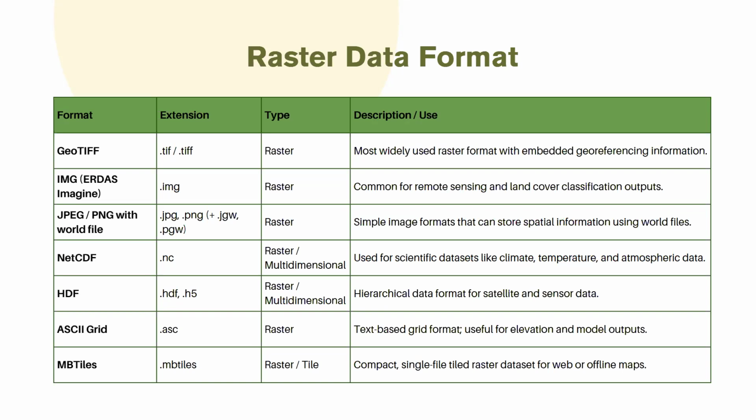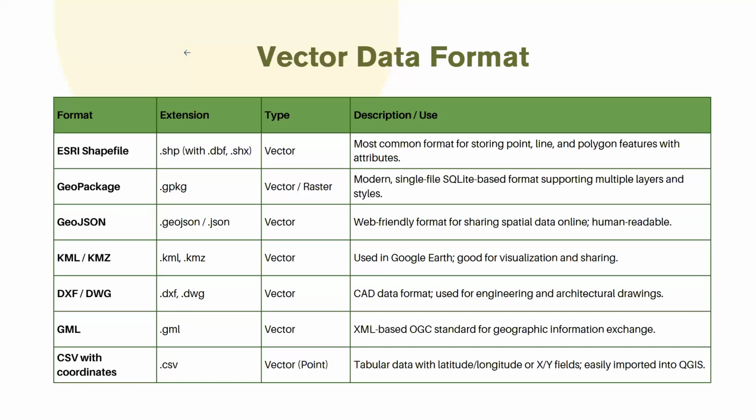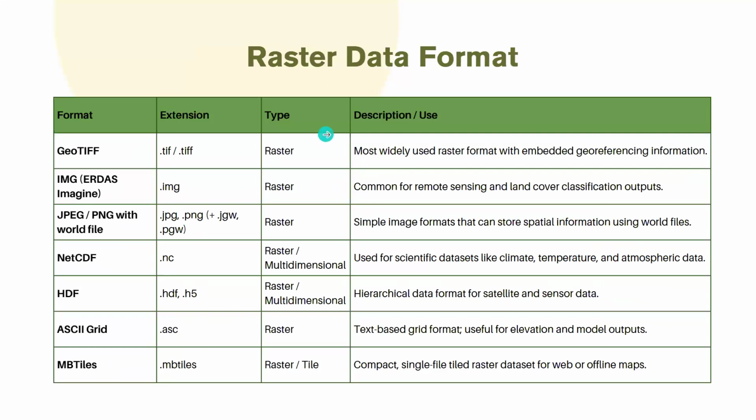Okay, sorry. Raster data format, vector data format. What was the table heading mistake? Sorry, I can't see what the mistake is. This is the format, and it's the extension, type and description.